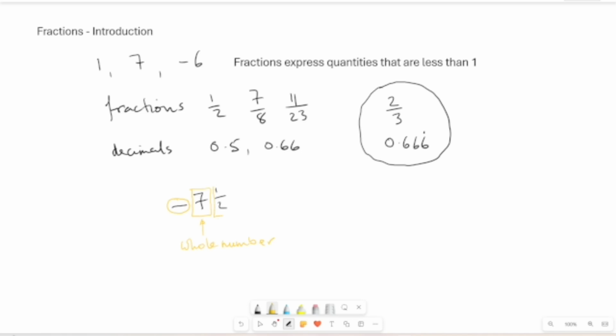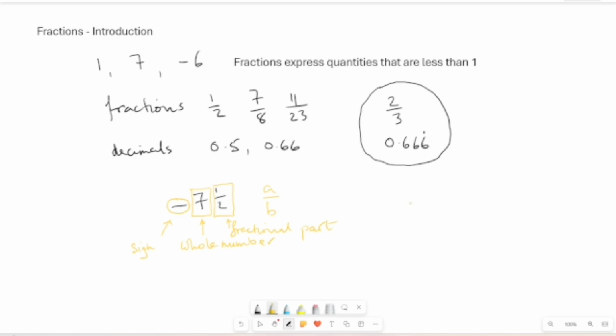This is the fractional part of the number, in this case 1 divided by 2. So you always have the line, and then you've got a number, we'll call that A over B, in the fractional part. So this is the fractional part, and the sign and the whole number may or may not be there.